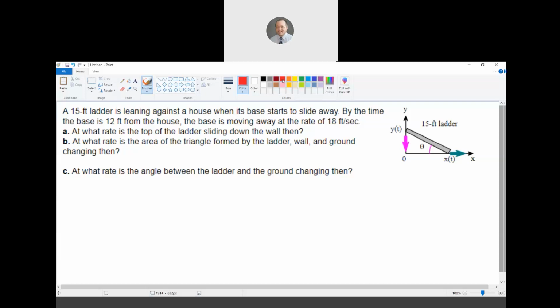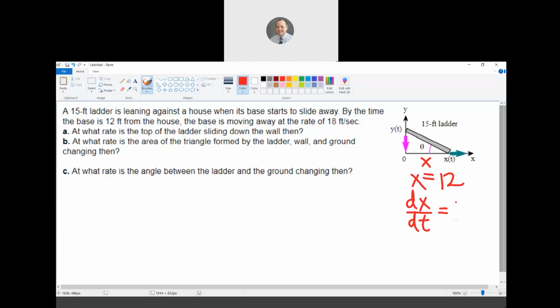All right, a 15-foot ladder is leaning against a house when its base starts to slide away. The base being the X here. By the time the base is 12 feet from the house, which is also X, the base is moving away at the rate of 18 feet per second. So since the base is X and it's sliding away with respect to time, that is known as our dx over dt.